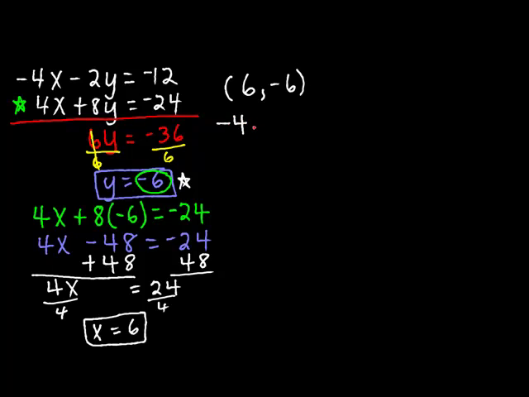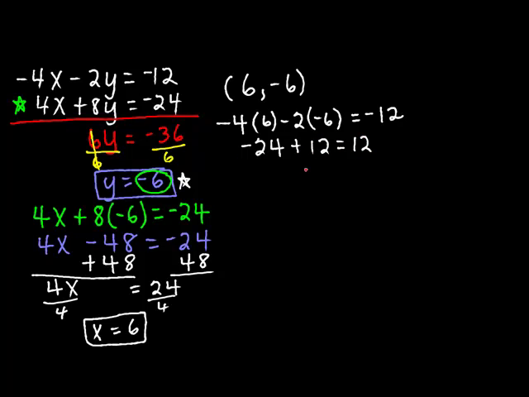Negative 4x minus 2y. Instead of negative 4x, I'll do negative 4 times 6 from right here, minus 2 times, instead of y, negative 6 from right here, equals negative 12. That gives me negative 24 minus 2 times negative 6, which is positive 12, equals 12.